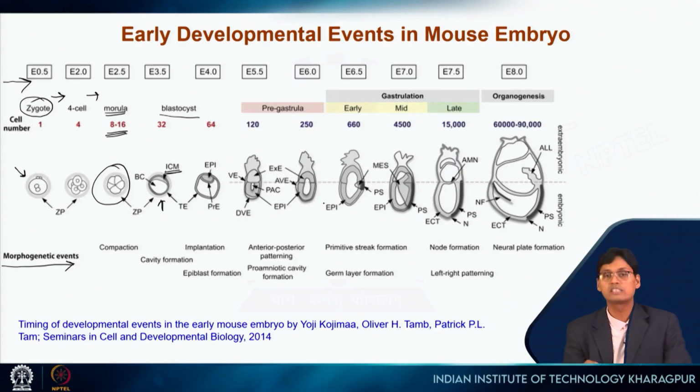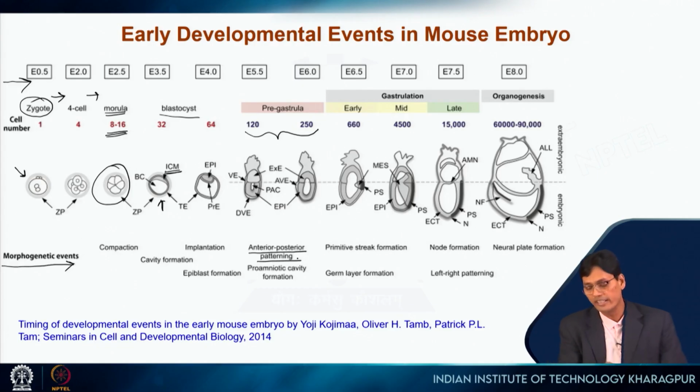For example, since I mentioned the anterior and posterior pattern, at this stage when we have around 120 to 250 cells, the anterior posterior patterning is happening in case of mouse. So this is the difference between Drosophila embryo development and mouse.